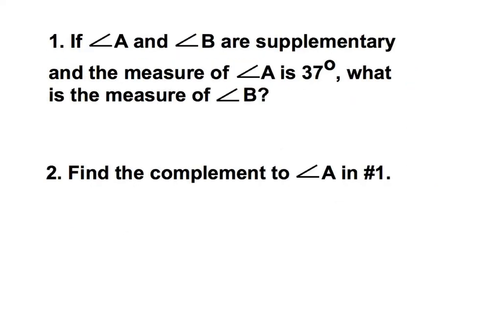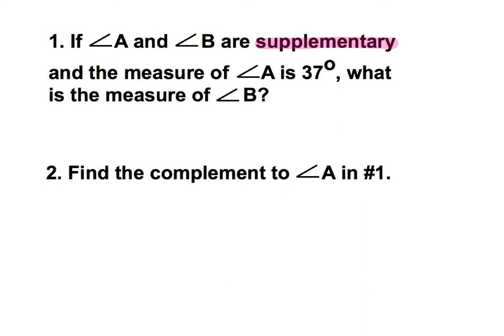Let's look at them. And a lot of times when we do these, drawing the pictures out will help. Number one, if angle A, and that's the sign for angle, where we write a lot of symbols. If angle A and angle B are supplementary, and the measure of angle A is 37, what is the measure of angle B? What does the word supplementary reference us back to?